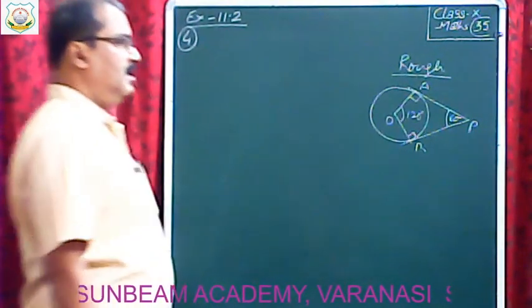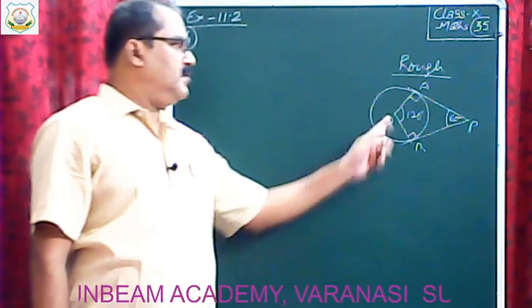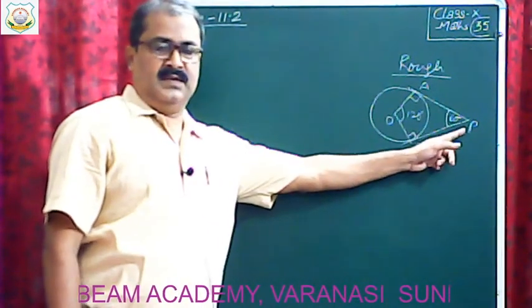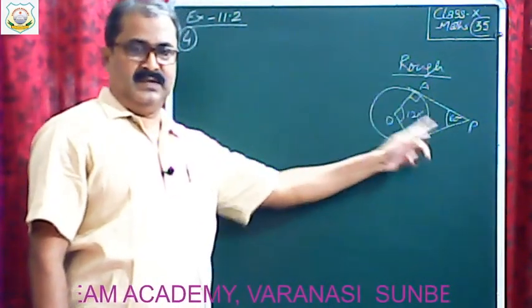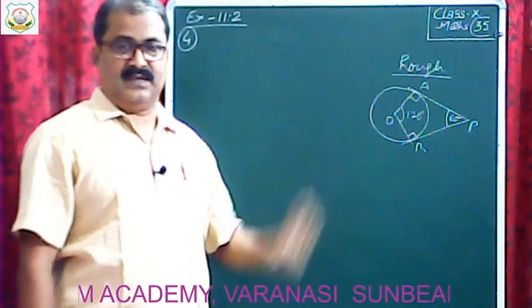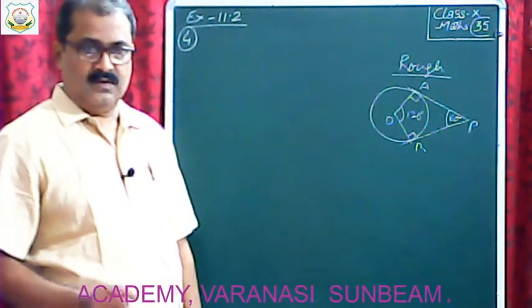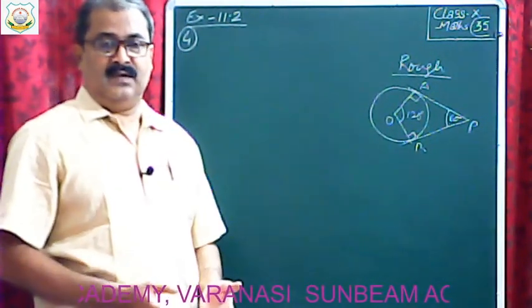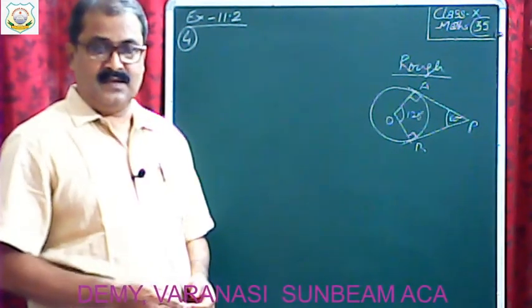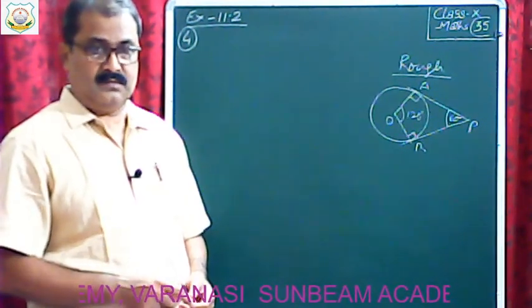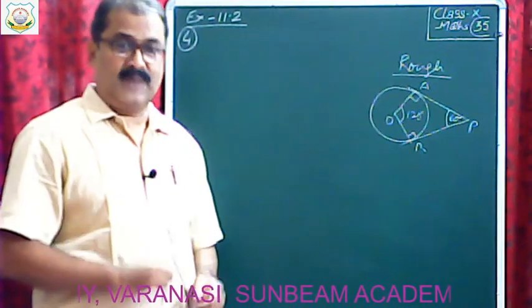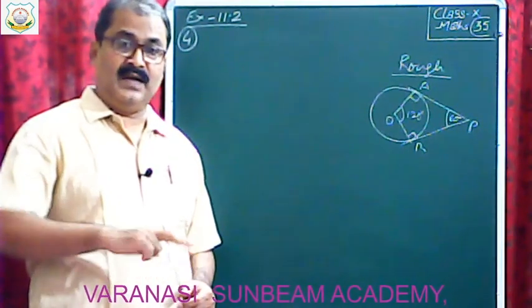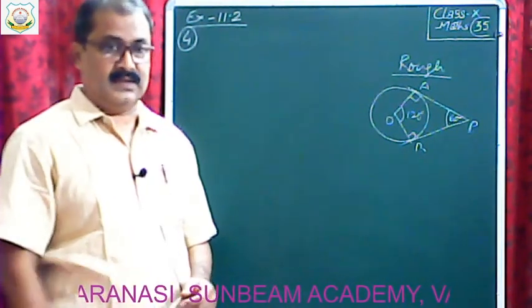Okay. It is not given whether point P is 10 centimeter, 12 centimeter or 5 centimeter away from the center. It is not given. What is given? You have to draw a pair of tangents from an external point to a circle of radius 5 centimeter which are inclined to each other at an angle of 60 degree.